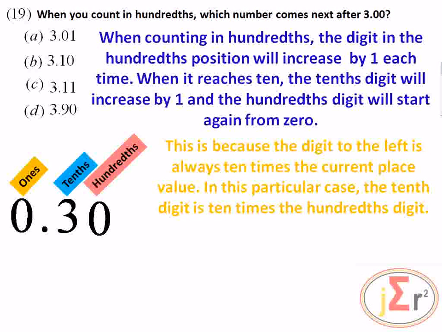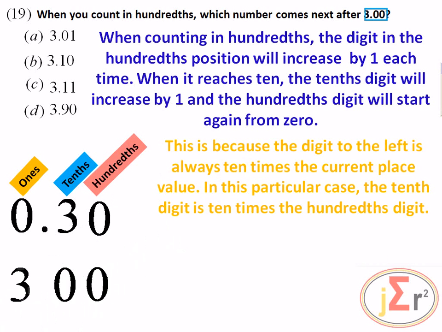This is because the digit to the left is always 10 times the current place value. In this particular case, the tenths digit is 10 times the hundredths digit. So as soon as the hundredths digit gets to 10, the tenths digit will increase by 1 and the hundredths digit will return to 0.